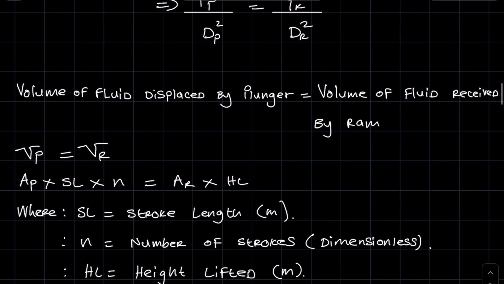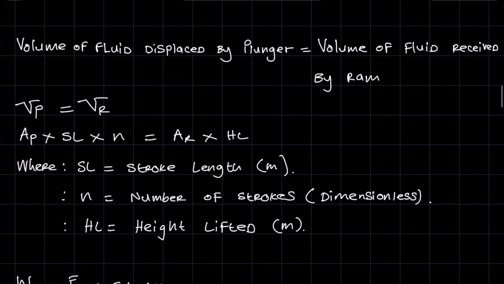And then here's another one. This is where we look at the volume being displaced by the plunger. The volume of fluid being displaced by the plunger will be equal to the volume that is being received by the ram. So mathematically, this is what that looks like. The V with ears is how I denote volume, to differentiate between volume and velocity.